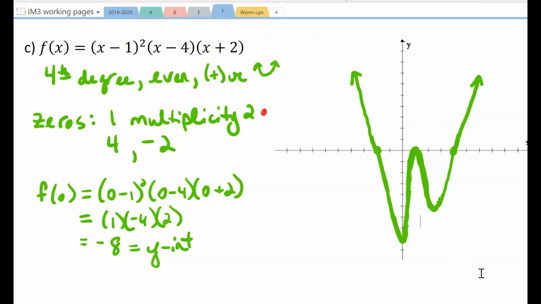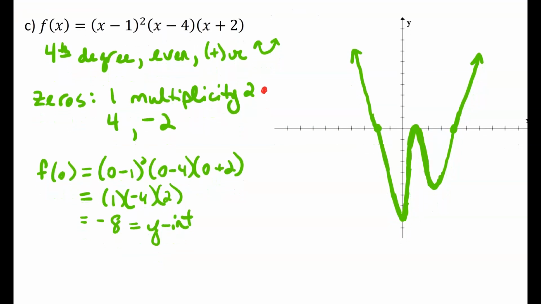Okay. So what I want to point out on this one is probably a common mistake I would see here is a student coming and doing this, plugging in f of 0 to find the y-intercept and forgetting to square that negative, which would mean you'd get a -1 and then a -4 and then a +2.